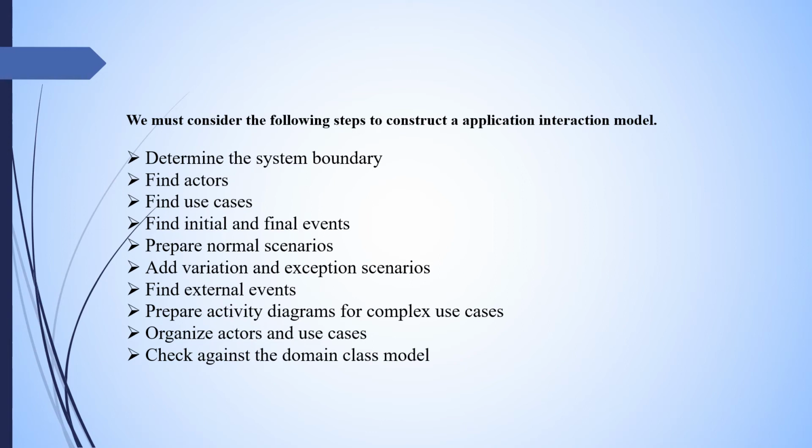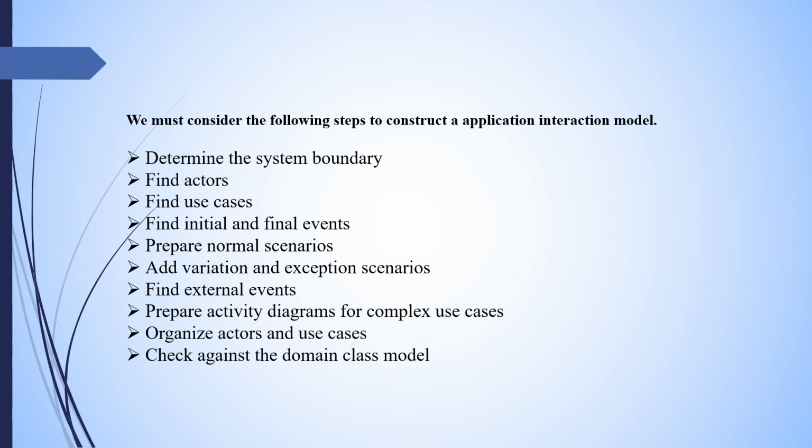Determine the system boundary, find actors, find use cases, find initial and final events, prepare normal scenarios, add variation and exception scenarios, find external events, prepare activity diagrams for complex use cases, organize actors and use cases, check against the domain class model.